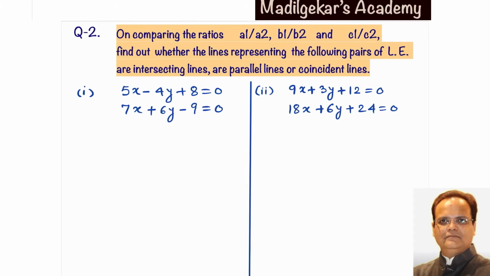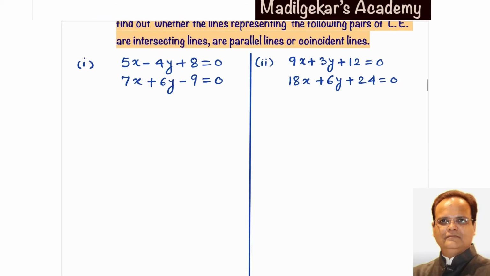Question number 2, exercise 3.2. On comparing the ratios a1 upon a2, b1 upon b2 and c1 upon c2, find out whether the lines representing the following pairs of linear equations are intersecting lines, parallel lines, or coincident lines. First bit.